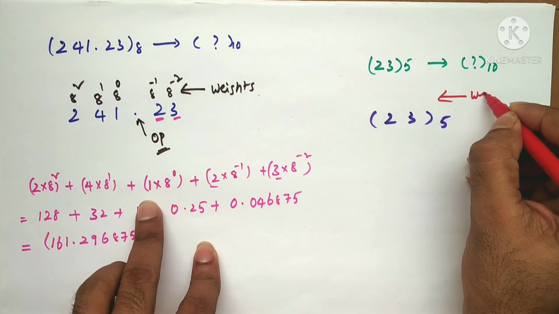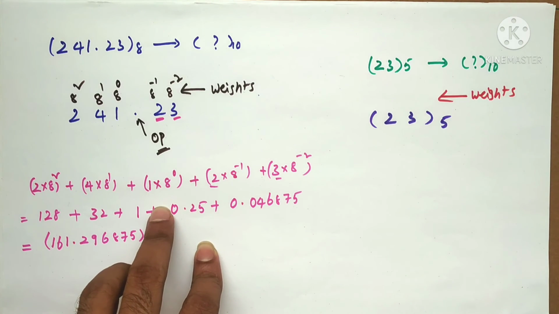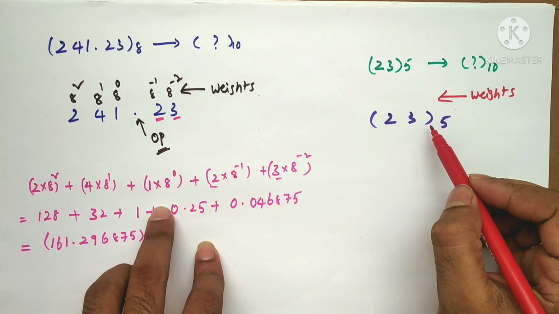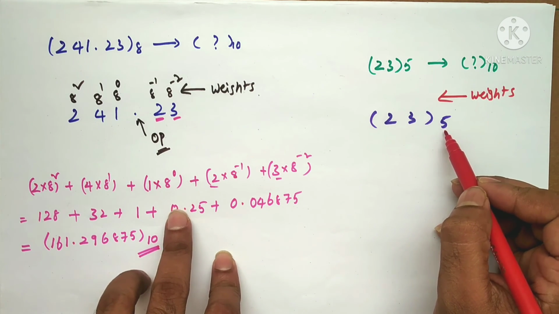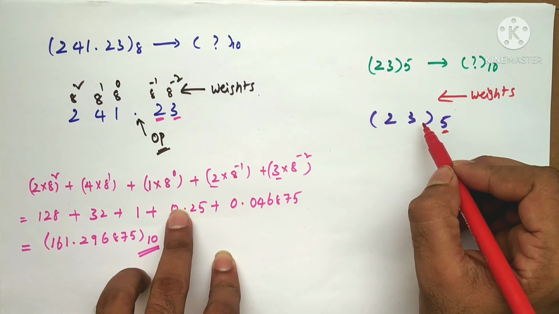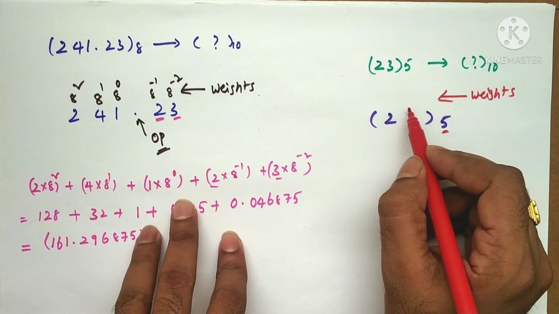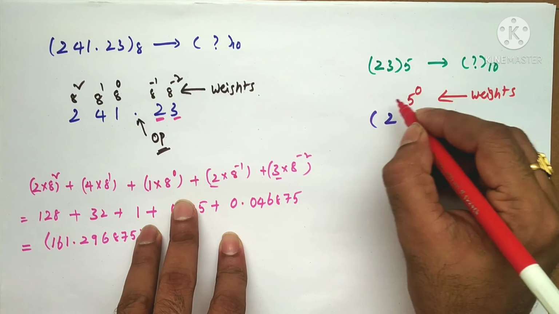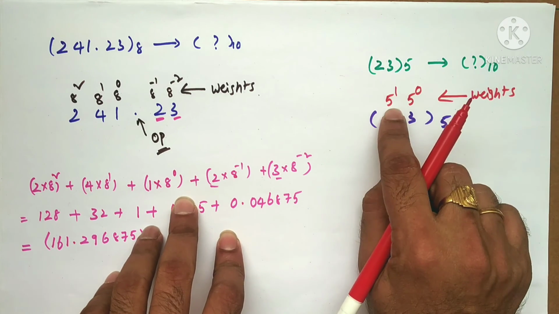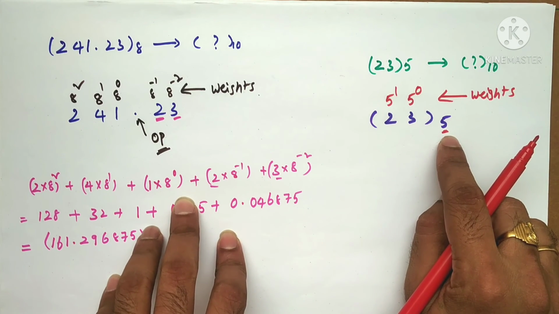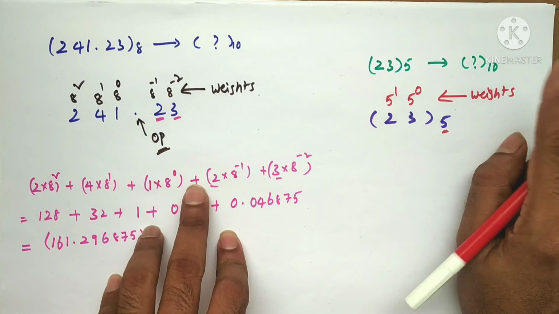23 base 5, and we have to write weights here. Since I have not given any penta point, base 5 means penta, there is no point here, so I have to write only positive powers as weights here. So 5 power 0, 5 power 1 will be the weights here.